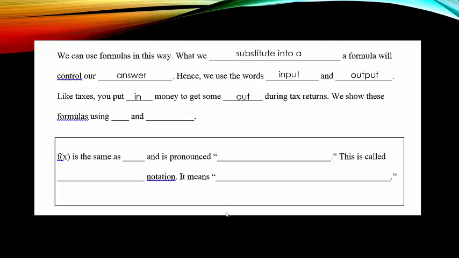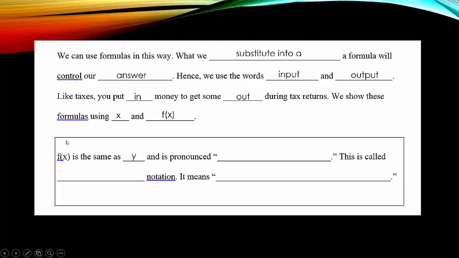And the way we show these formulas is a notation that looks like we'll use x and f parentheses x. So instead of x and y, we're going to use x and f parentheses x to show those formulas taking place. And if we remember, f parentheses x is the same as y.